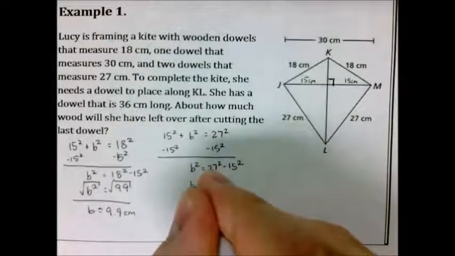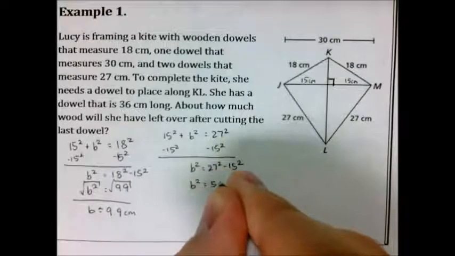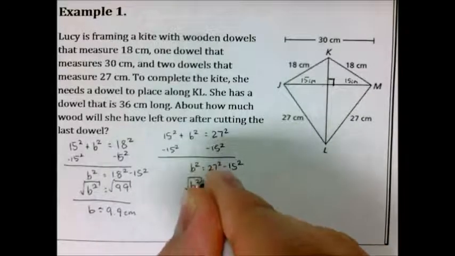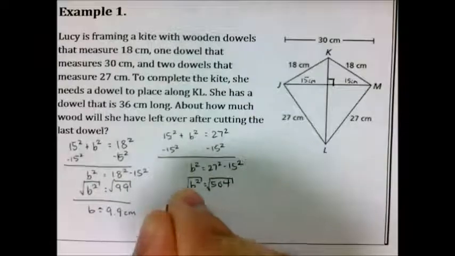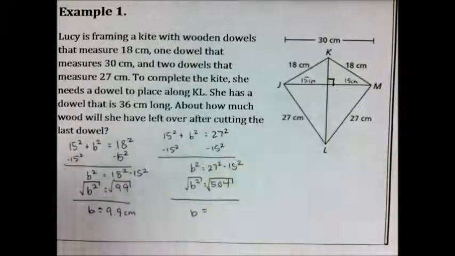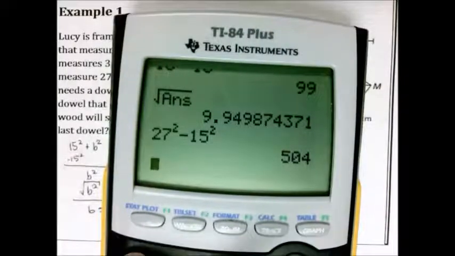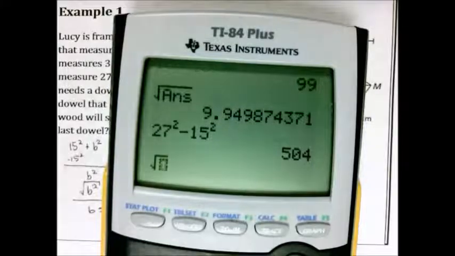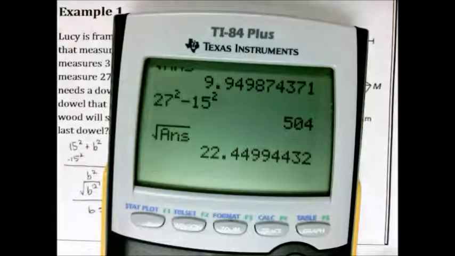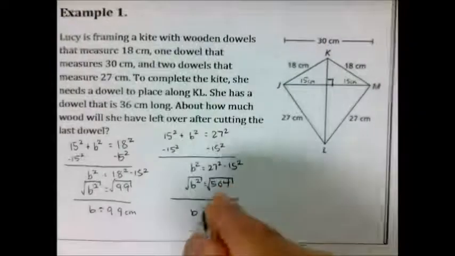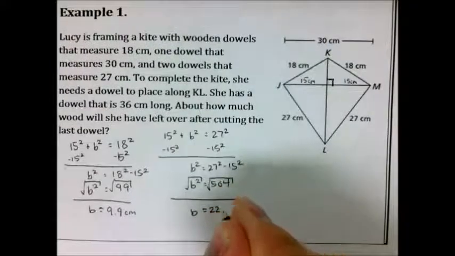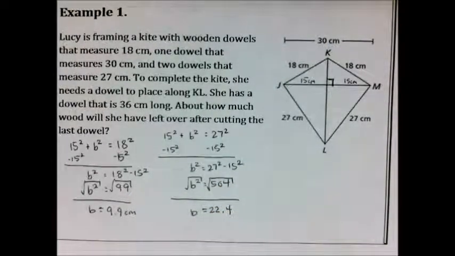So b squared is equal to 504. And in order to get b by itself, we've got to take the square root of both sides. And we end up seeing that b is equal to the square root of 504, we get 22.4. 22.4. Okay, now this is really easy, right?